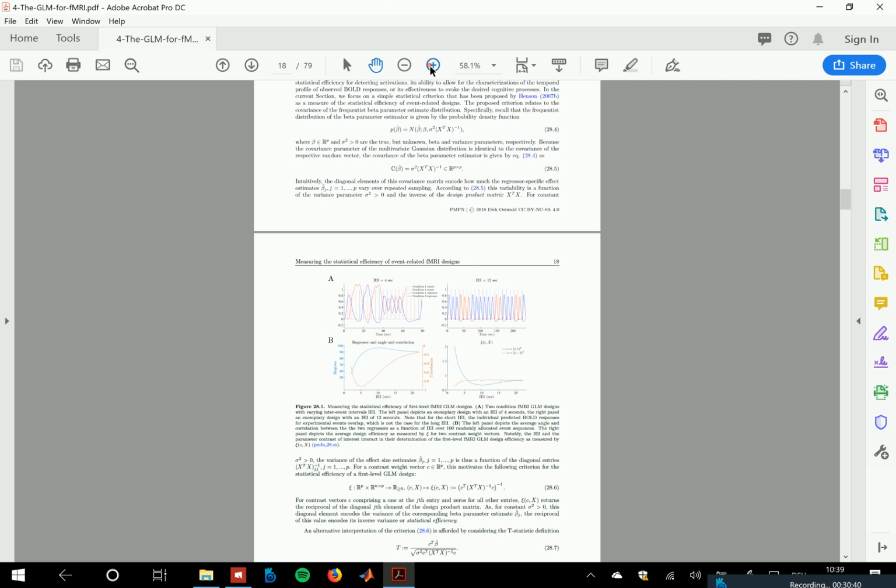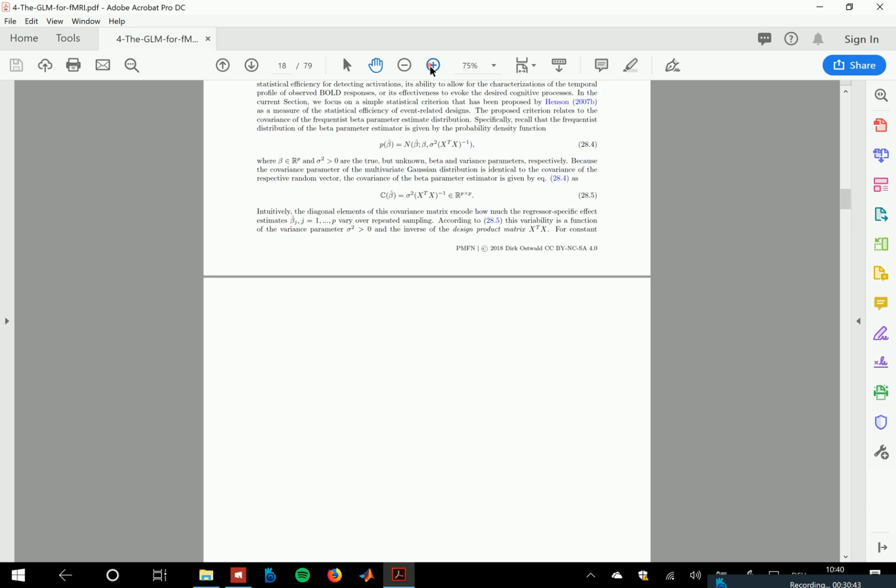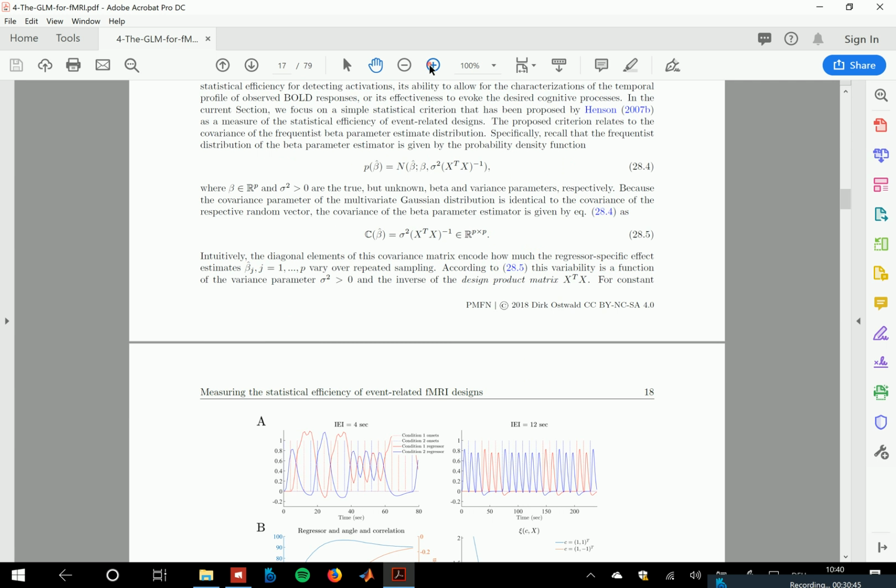So this shows an example, and of course this is all implemented in the code. This is actually fairly important. I would really recommend, if you do an fMRI study in your master thesis, that when you set out to do your fMRI study and your supervisor tells you to program the experiment, and you have all these questions like how much time should I put in between trials, then this is the stuff that you should go back to and look at how you maximize your statistical efficiency, so that you do some rational experimental design.